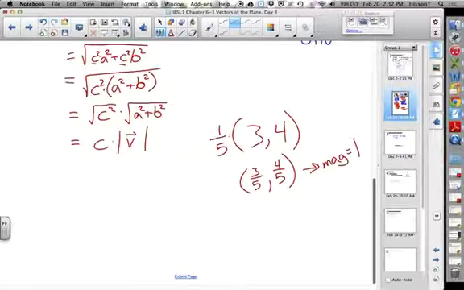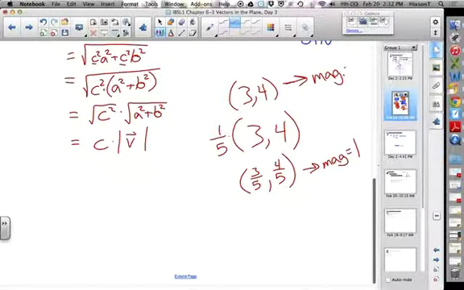How is the magnitude 1? Because if I did 3 squared plus 4 squared, that'd be 25, so the square root is 5. The magnitude is 5. So based on what we just said, if I take a multiple of that vector, then if I multiply the original magnitude by that same constant, I can figure out the new magnitude.